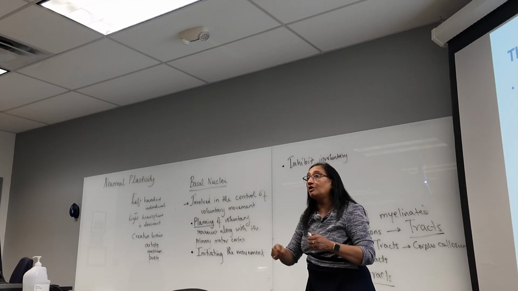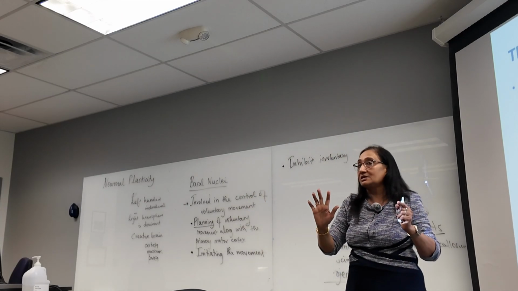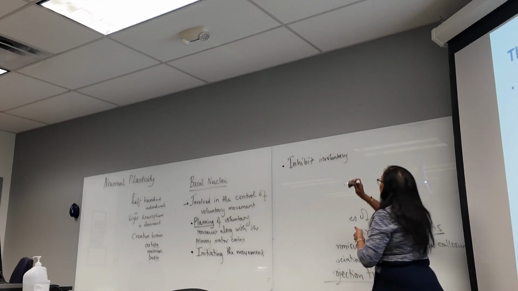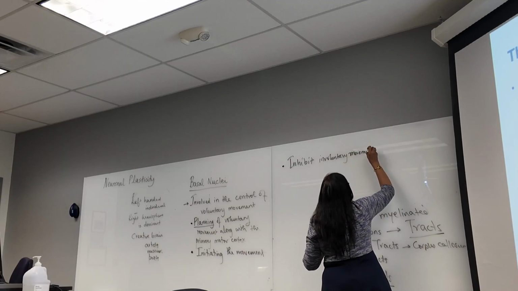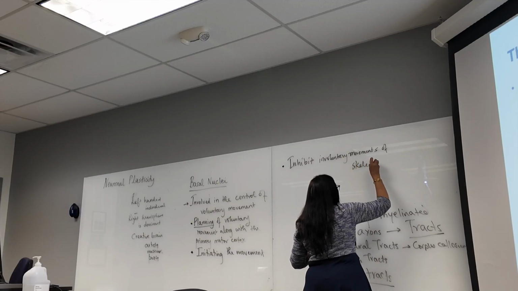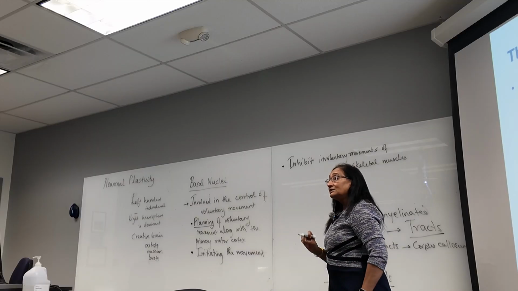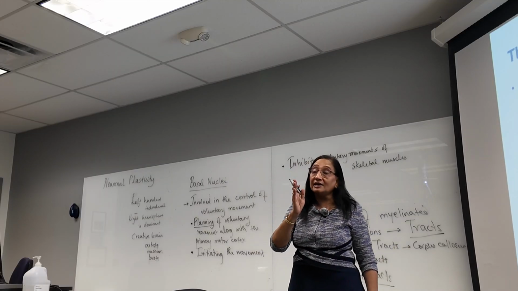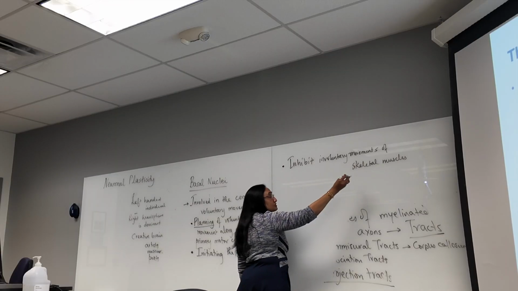So when you're performing a voluntary movement, you don't want any shaking or tremors. So they inhibit involuntary movements of skeletal muscles so that the voluntary movement is precise. Okay? So inhibit involuntary movements of skeletal muscles.